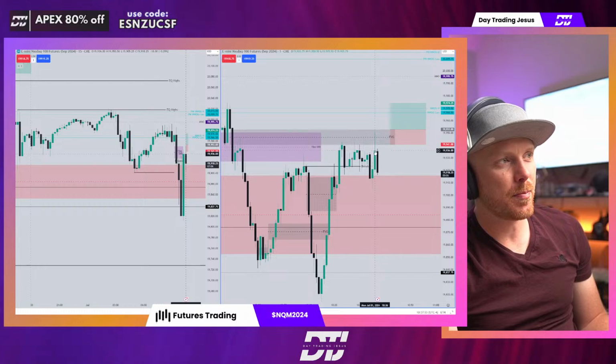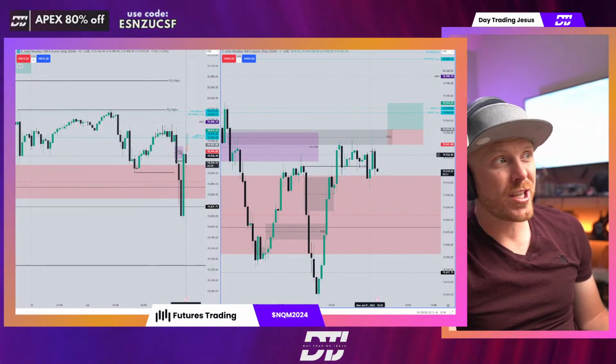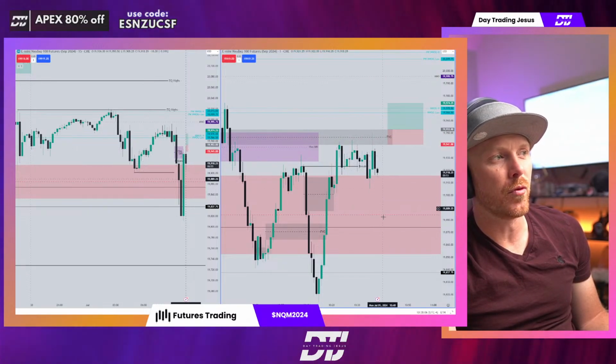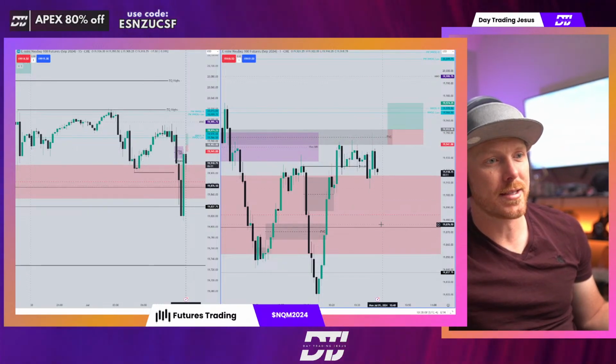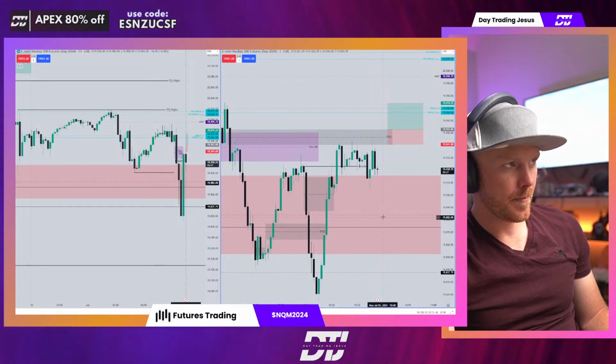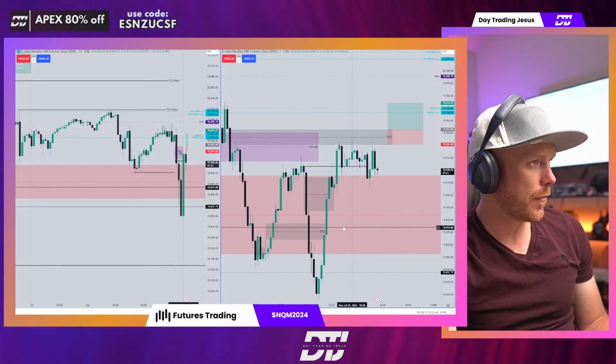So now that this body closed within this consolidation and didn't go higher, my question is, do we want to go higher? Are we going to continue to consolidate, or was this another manipulation and the real move is back lower? Now my bias is short. I want lower prices. But I don't see an opportunity here for me to go short.